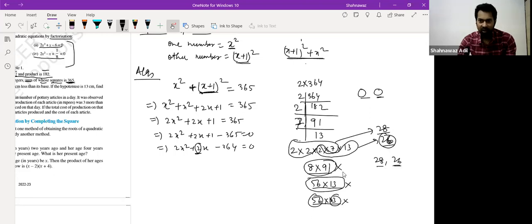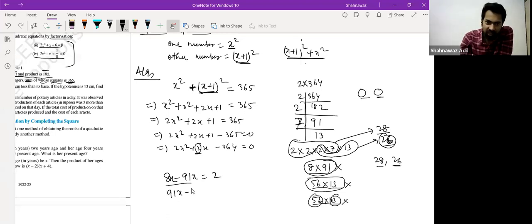Sir, but why can't we use mine, like 8 into 91 and 56 into 13? Okay, 8 into 91, but we have to get 2, right? If we do 91 minus 8, can we get 2? Or if we take 91x minus 8x, can we get 2x?